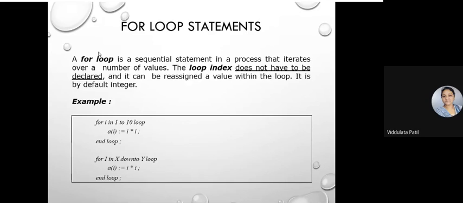That means here we are specifying the range of this loop, then loop, then A of I is equal to I into I, and then end loop. So what is this going to calculate? It calculates A of I, which is equal to I into I. So this loop will be iterated how many times?